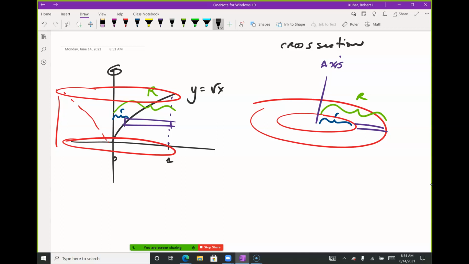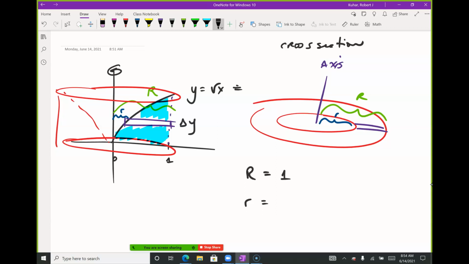So what is my outer radius here? What is capital R? How far is it from that y-axis to that end of that blue area? 1. Yep. And how far is little r? Well, it's the square root of x, right? But when we're integrating in terms of y, we've got to solve for x.